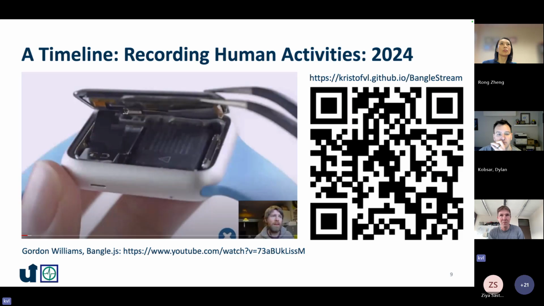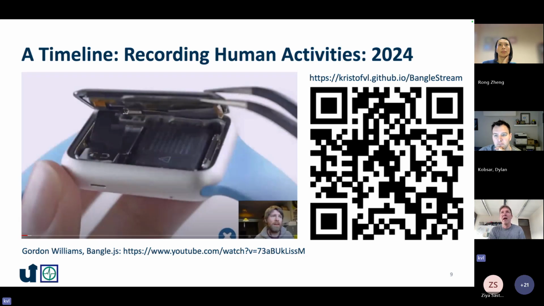It's made by Gordon Williams here in the picture, who basically reverse engineers existing smartwatch designs that are coming typically from China. He reverse engineers the firmware and puts his own firmware on there so that they can be used for fast development. Again, that is extremely interesting, I think.